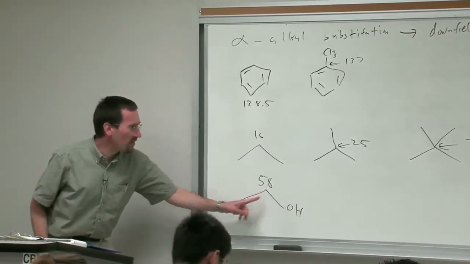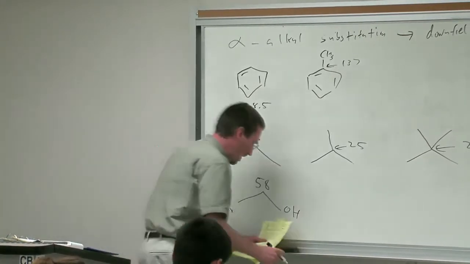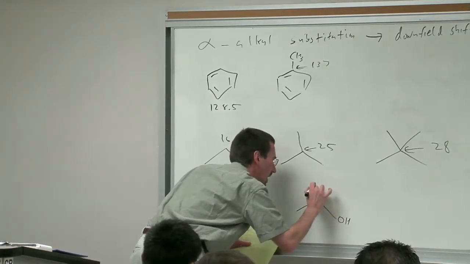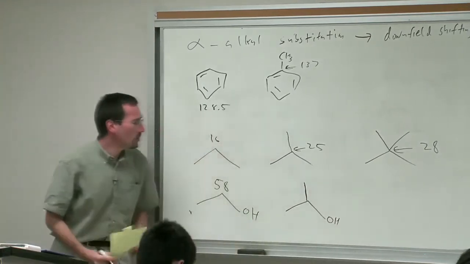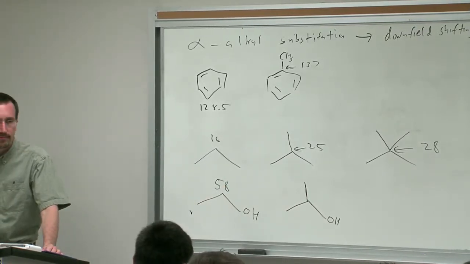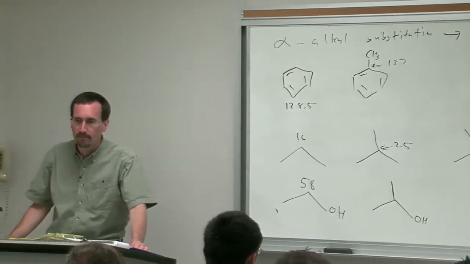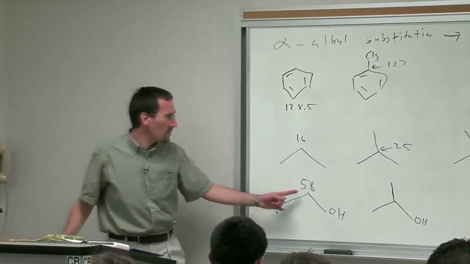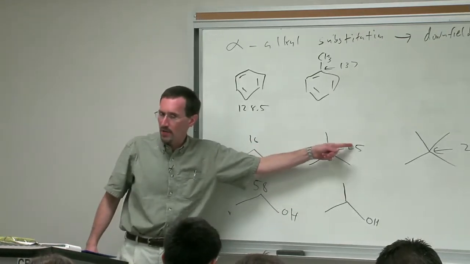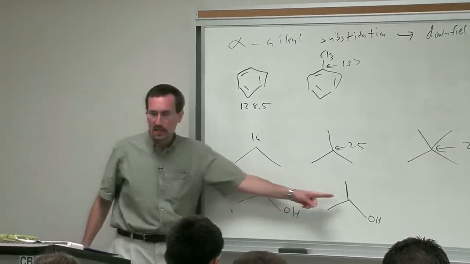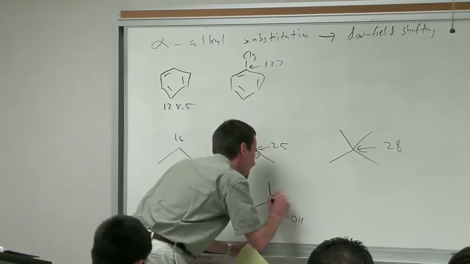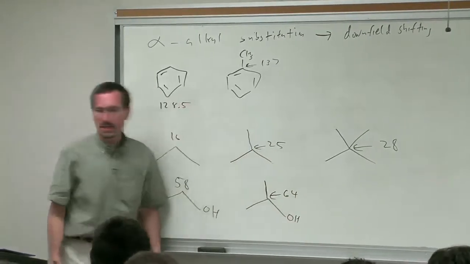If we start at 58 for ethanol, and now we envision going to isopropanol, what would you predict your carbon to be at here? 67 would be a very good prediction, because we say, OK, we take 16, we add 9, we get to 25. You add 9, you get to 67. And that's a very good guess. 64 is the answer.